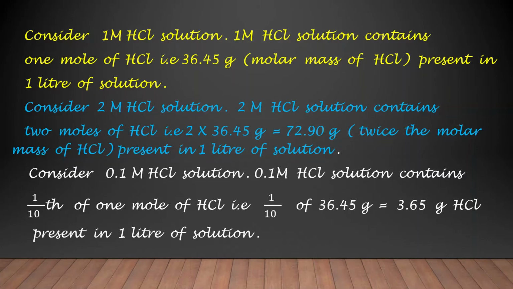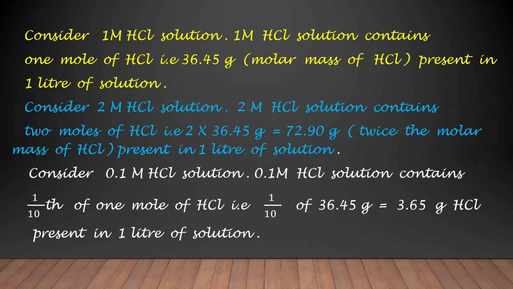Now these concentrations indicate the quantity of the solute as well as the quantity of the solution. A 1 M solution contains 1 mole of solute in 1 liter of the solution. Similarly, a 2 M solution contains 2 moles of solute in 1 liter of the solution.